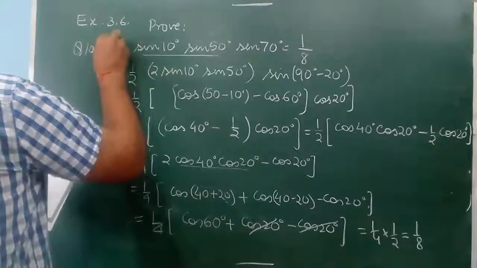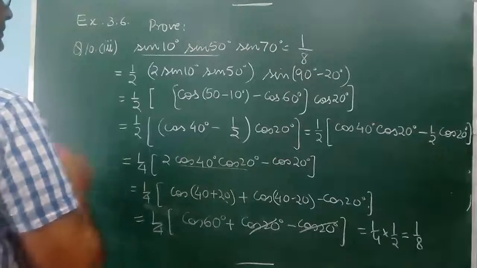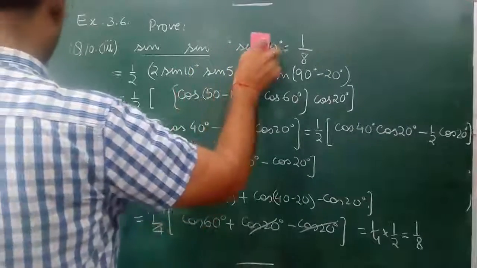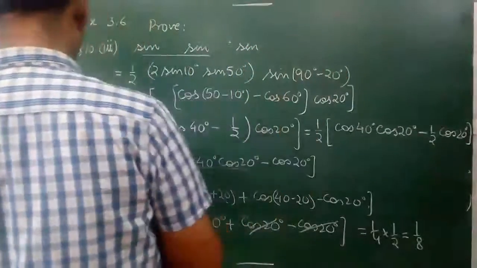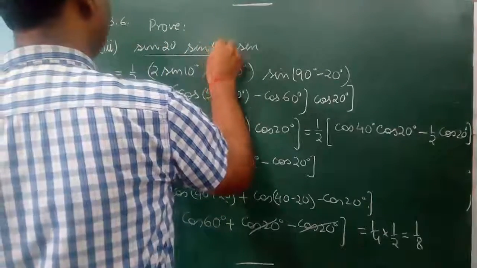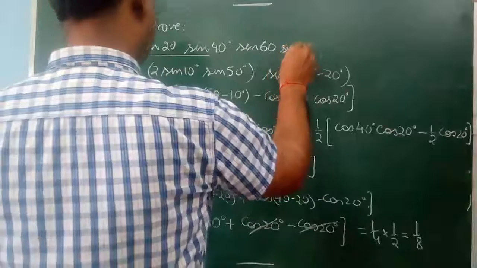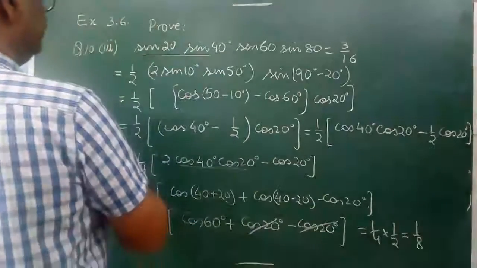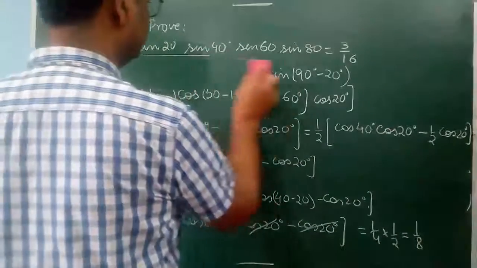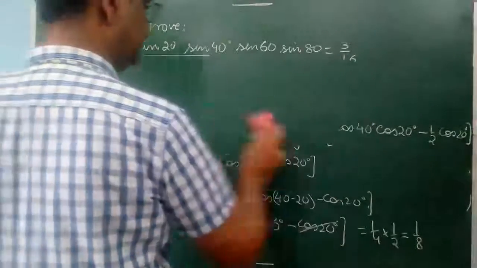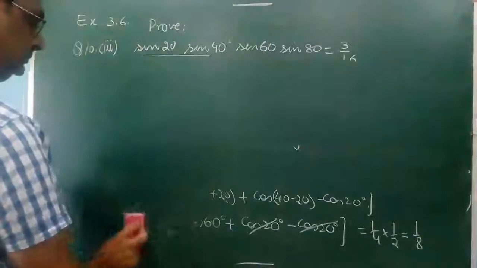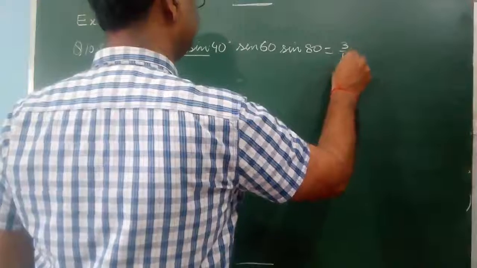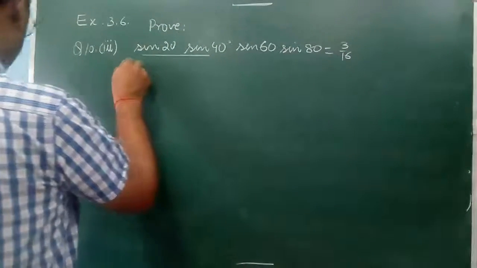Now see the third part. It is sin 20, sin 40, sin 60, sin 80 equal to 3 by 16. What can we do?